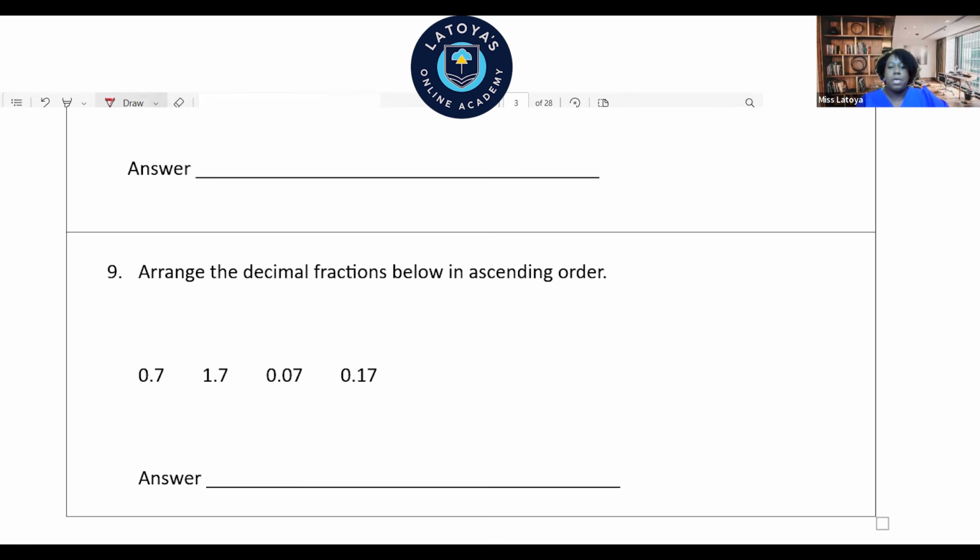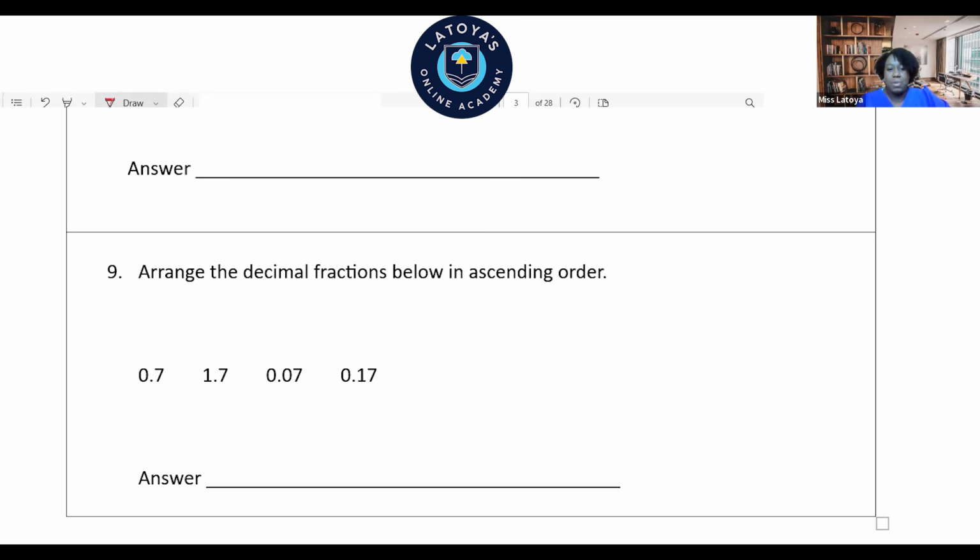Question 9. Arrange the decimal fractions below in ascending order. And ascending order is from the smallest to the biggest. Okay, we have decimals here with 2 decimal places. So let's write all our decimals to 2 decimal places. And let us arrange them in ascending order from the smallest to the biggest.